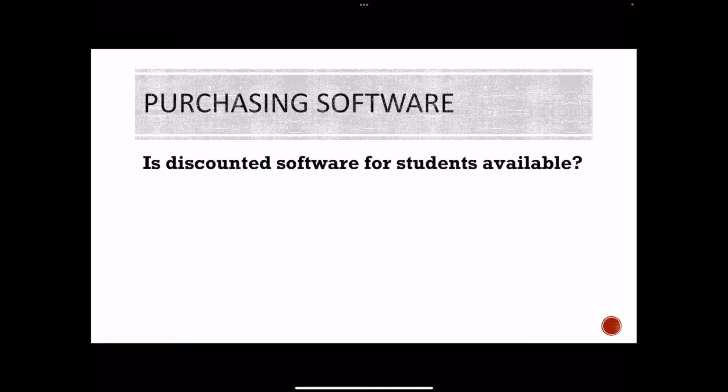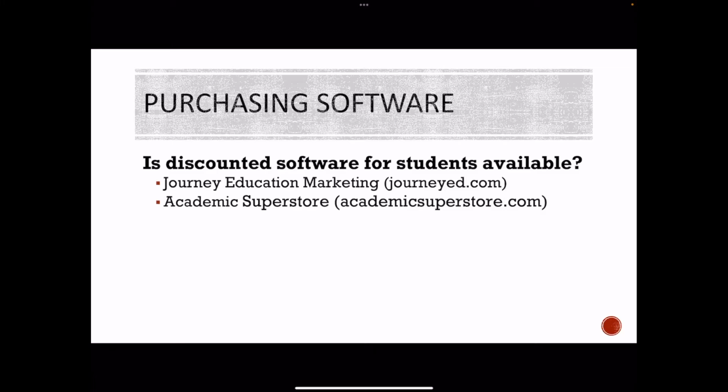Purchasing software: is discounted software for students available? If you're a student, you can buy substantially discounted software that is no different from regular purchase software. Campus computer stores and college bookstores offer discounted prices to students who possess a valid ID.